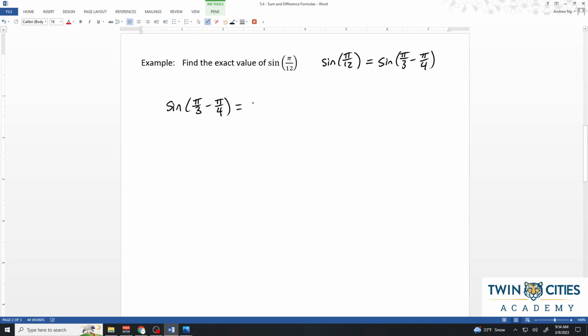All right, sine of pi over 3 times the cosine of pi over 4 minus the cosine of pi over 3 times the sine of pi over 4.